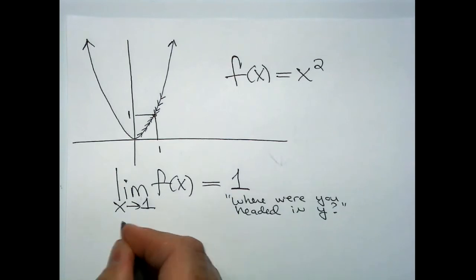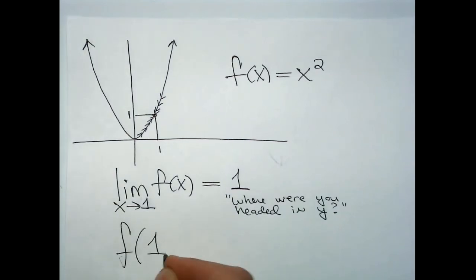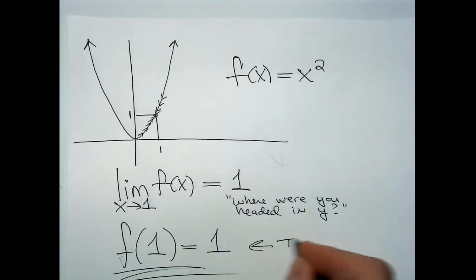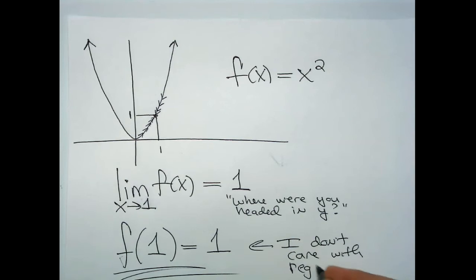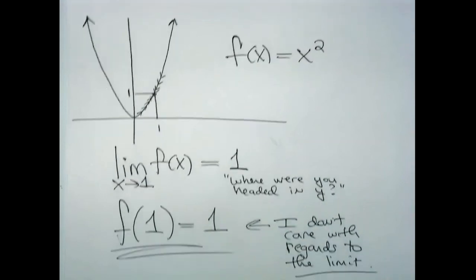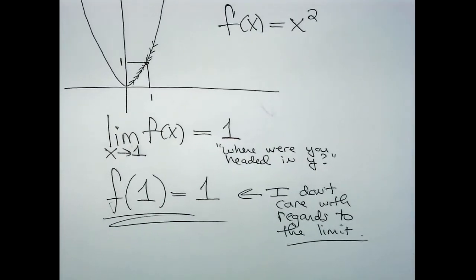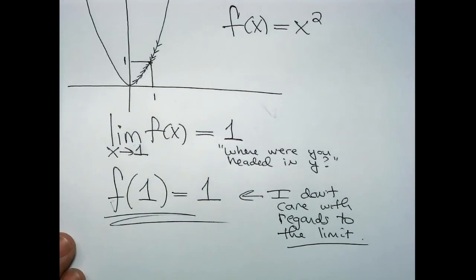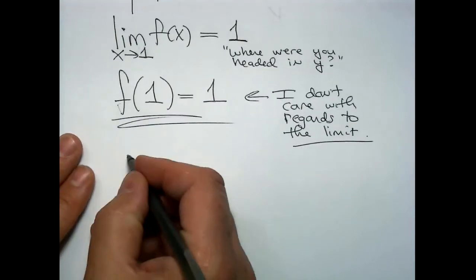Now, it just so happens that the f of 1 on this curve is 1, but I have to say I don't really care about that. The limit just doesn't care what the f of 1 is. It really doesn't. Sometimes the limit is the function value. So you really have to look at the graph and say, where was I headed? Let's try another one.